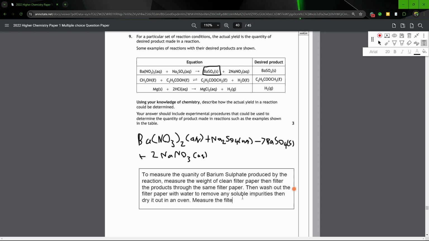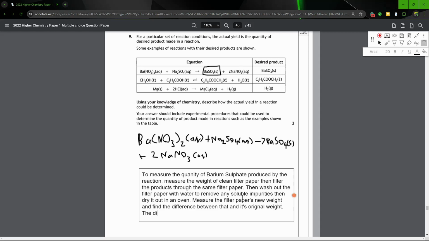Measure the filter paper's new weight and compare, and then find the difference between that and its original weight.